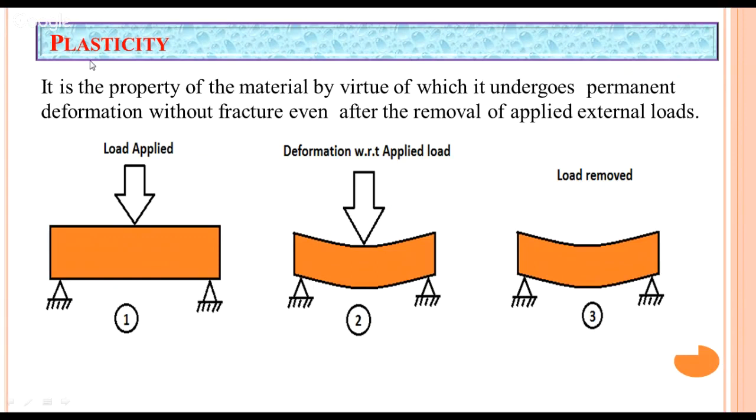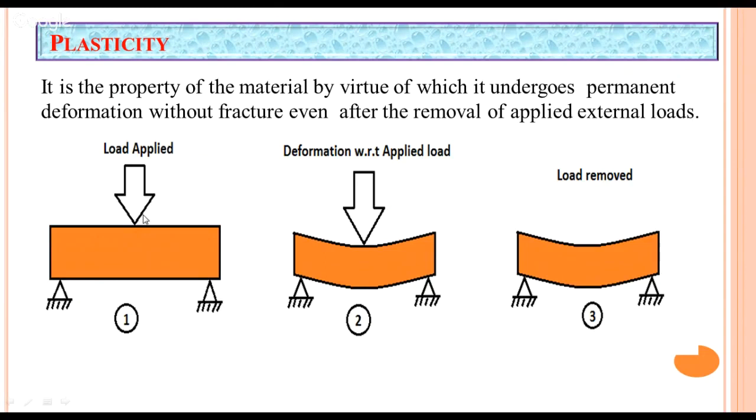When we further increase the loading of a member, it induces more stresses in the body that lead to a greater rate of strain in the member. So beyond that particular elastic limit, the material sets to a permanent deformation. That means even after the removal of the load, it will not come back to its original position.